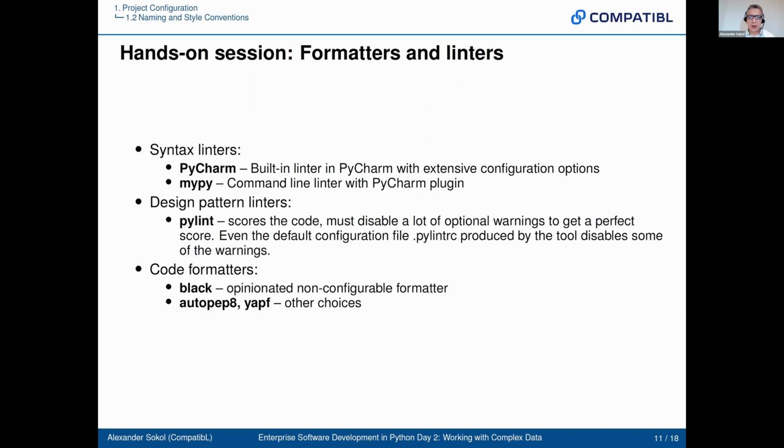One engineer would run a formatter with one set of settings, and all of the code will change. Then another engineer will make a few changes and run the formatter again, and all of the code will change back. So instead of getting a meaningful revision history in Git, you get noise. Black is almost unconfigurable, there are only a few things you can configure, and that's great. There are also other choices, autopep8 and yapf.